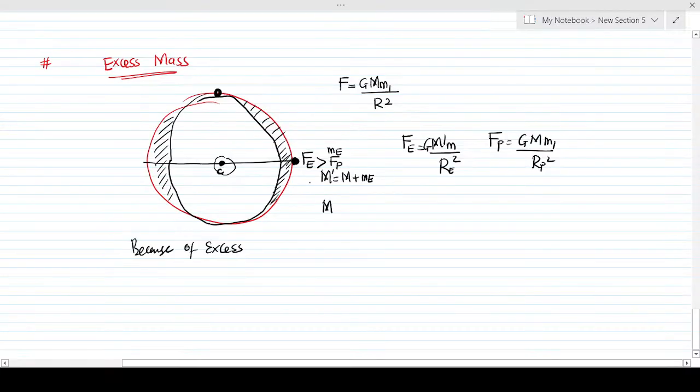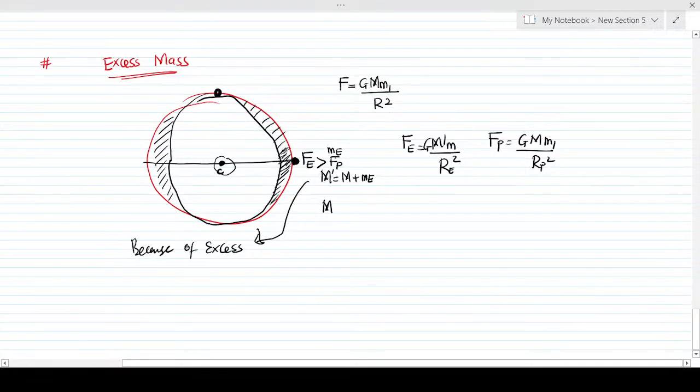Because of the greater mass at the equator, it is going to add up to the original mass of the Earth, and if that mass is increased, gravitational force is going to increase.